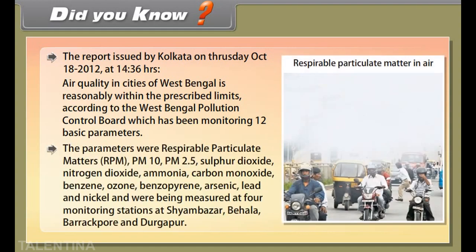The parameters were respirable particulate matter RPM, PM10, PM2.5, sulfur dioxide, nitrogen dioxide, ammonia, carbon monoxide, benzene, ozone, benzopyrene, arsenic, lead and nickel, and were being measured at 4 monitoring stations at Sham Bazar, Behala, Barrackpore and Durgapur.